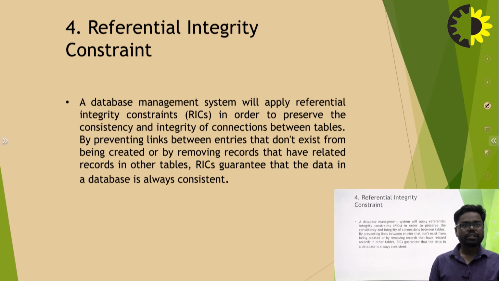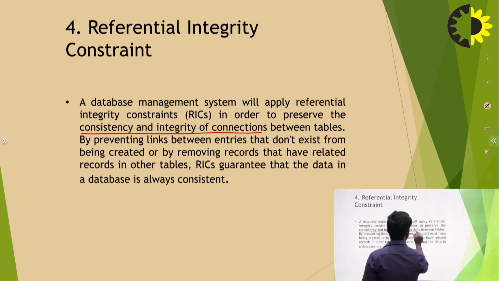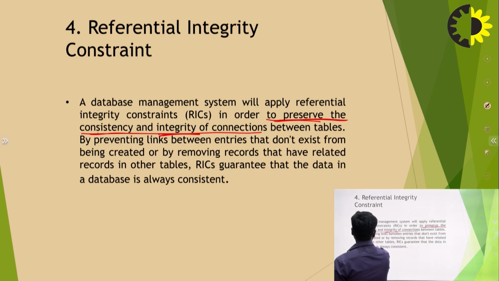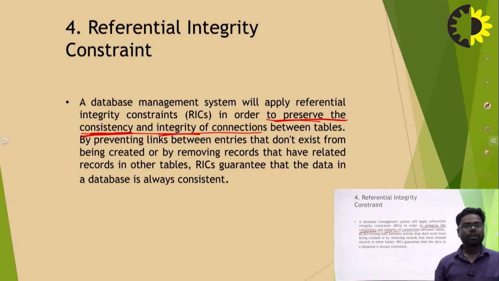Next, referential integrity constraint. A database management system will apply referential integrity constraint in order to preserve the consistency and integrity of connections between the tables. It means it will maintain the consistency and integrity, means preserve. The data should be integrated and consistent in the database. That is known as the referential integrity constraint.